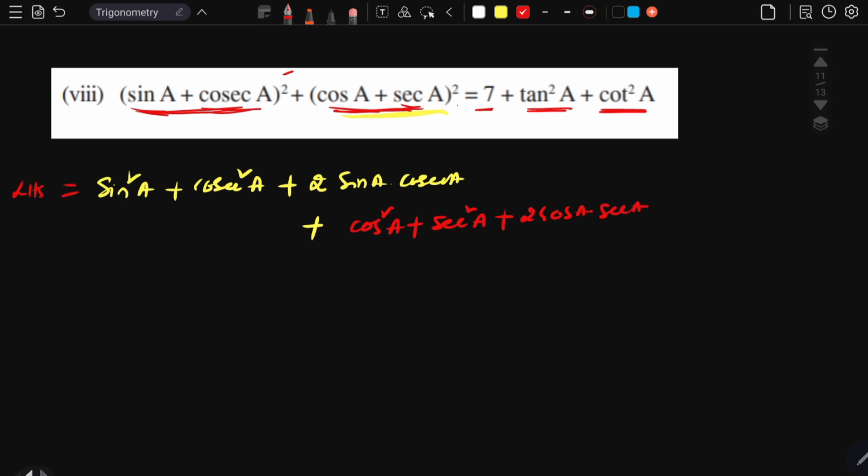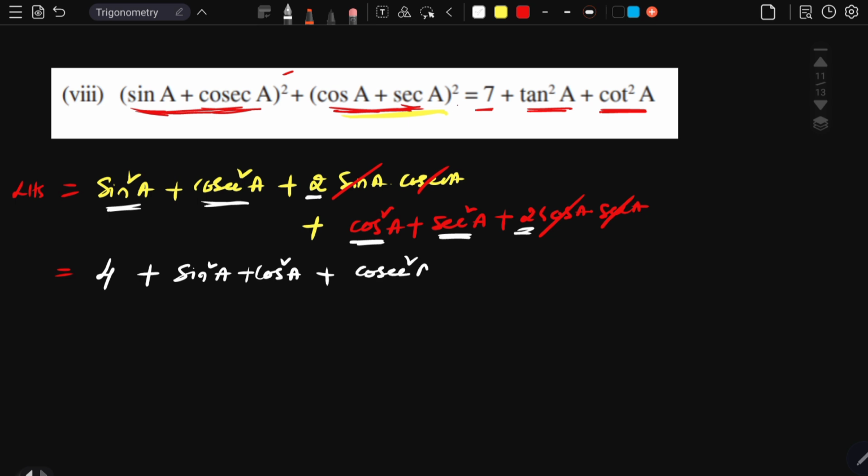So we have a relation: sin and cosecant are reciprocals, so they cancel; cos and secant are reciprocals, so they cancel. From this, the two 2s added together give 4. Then 4 plus sin square a plus cos square a, which is an identity equal to 1, and cosecant square a plus secant square a.